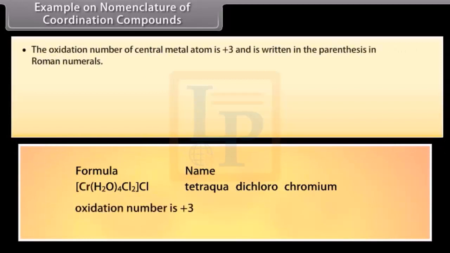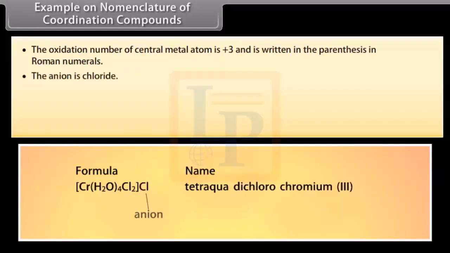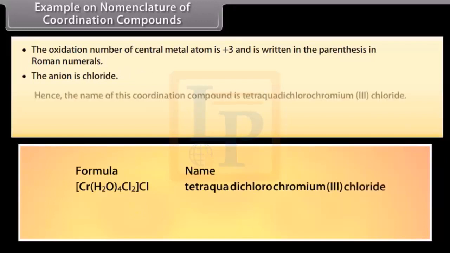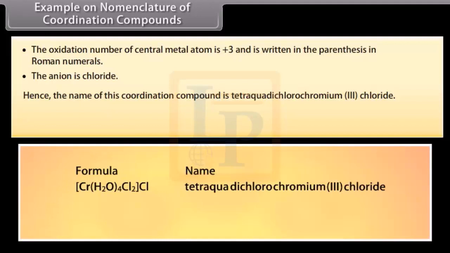The oxidation number of central metal atom is +3 and is written in the parentheses in Roman numerals. The anion is chloride. Hence, the name of this coordination compound is tetraaquadichlorochromium(III) chloride.